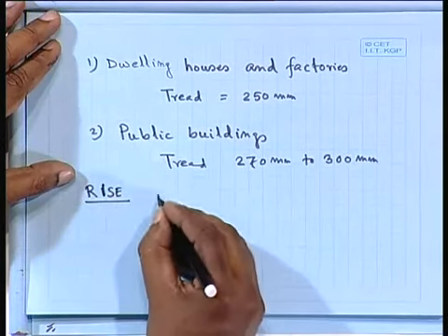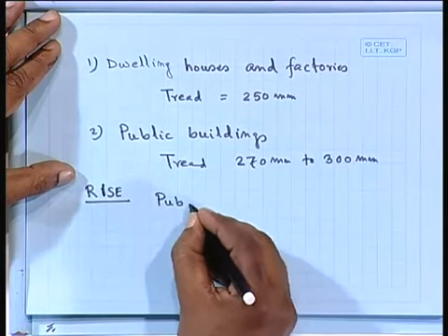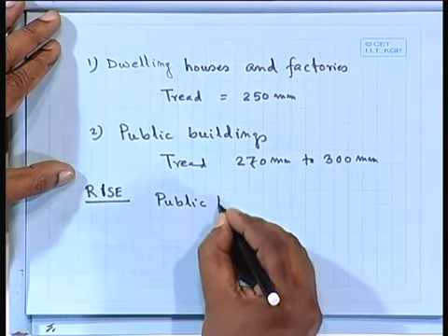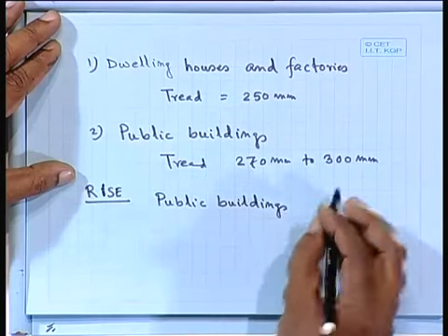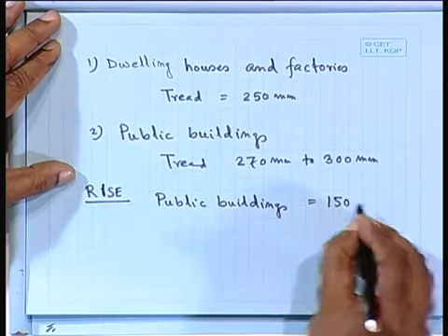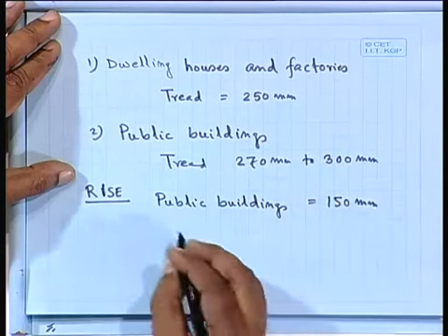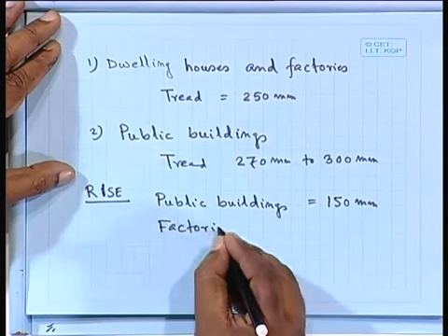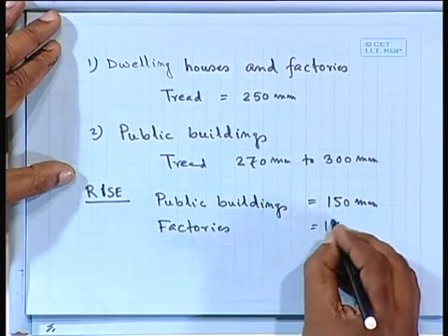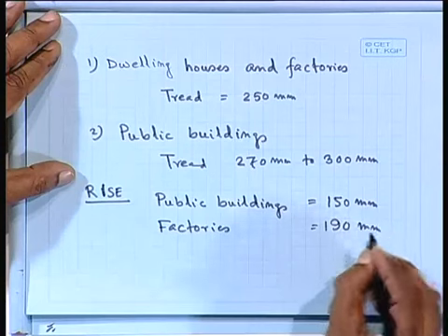For public buildings, it will be say 150 millimeter, and for factories we can go a little higher, 190 millimeter.